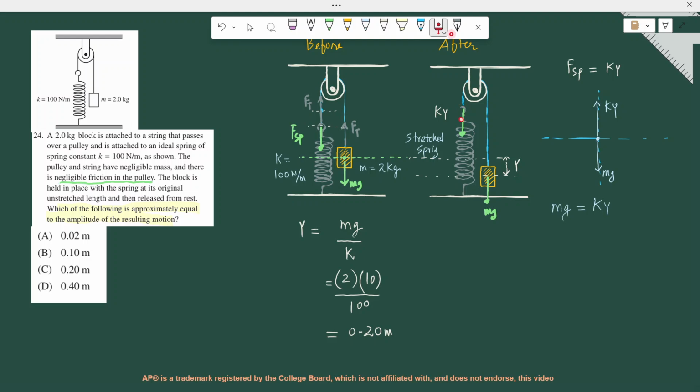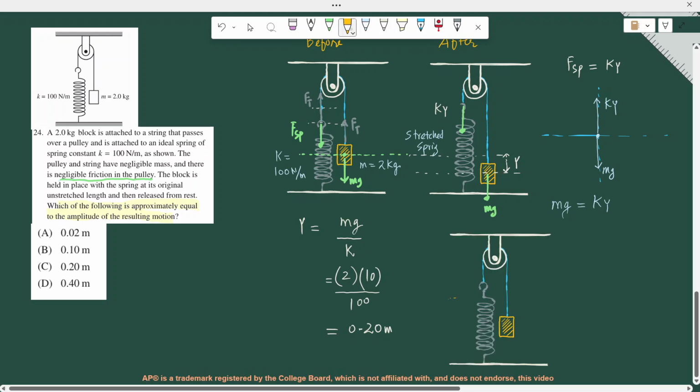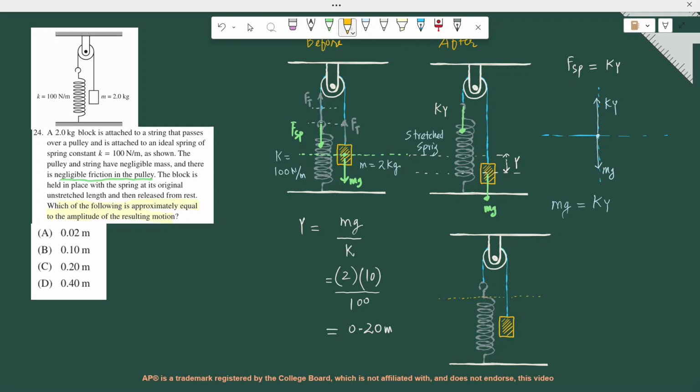You can consider this point as the spring's equilibrium position, because right now the system is at rest. Now if you move this block a little further down and release it, what will happen? This mass will execute simple harmonic motion, up and down. I hope I'm not making it complicated. This is already a stretched spring, and this is the equilibrium position.